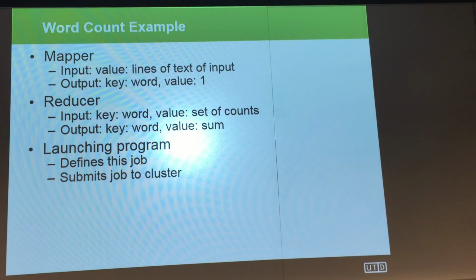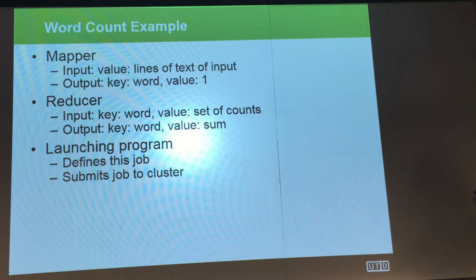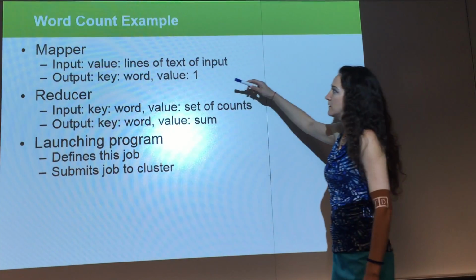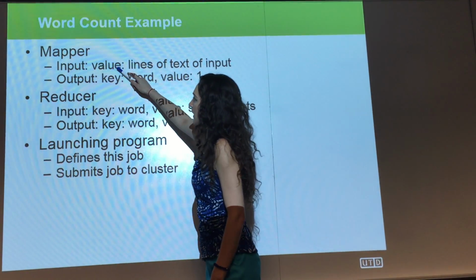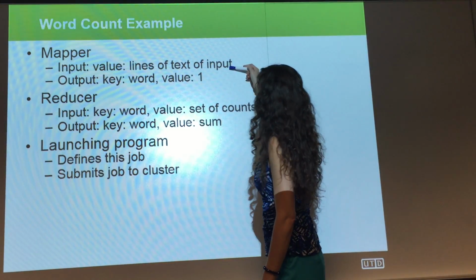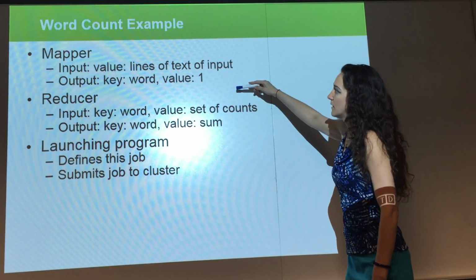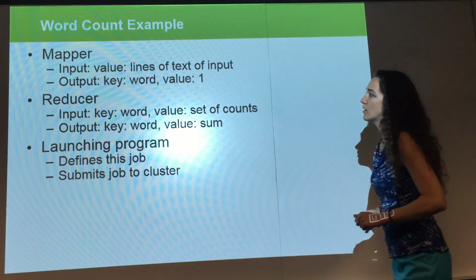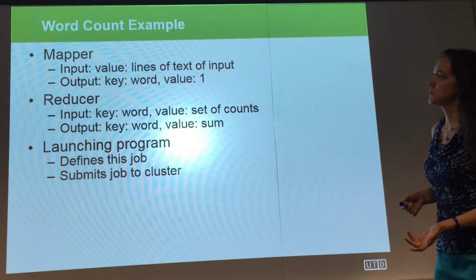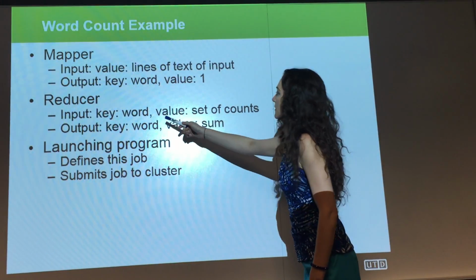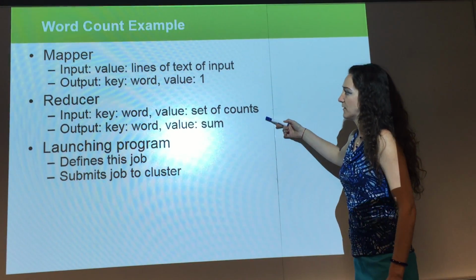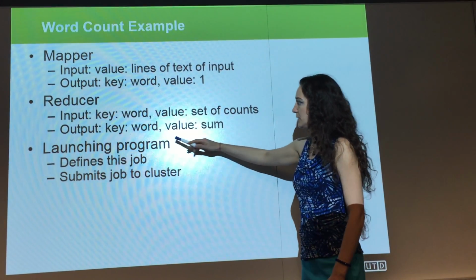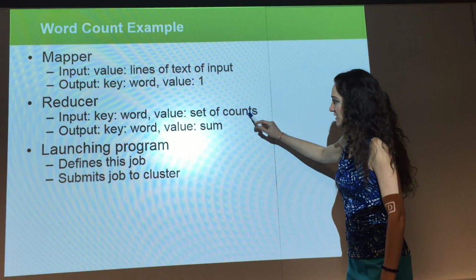An example with word count, we have seen that briefly last time. The input will be a value and key pair. The value is lines of text, and the key is a word. The reducer will also take the key as a word, and the value will be a set of counts, and the output sums these counts.